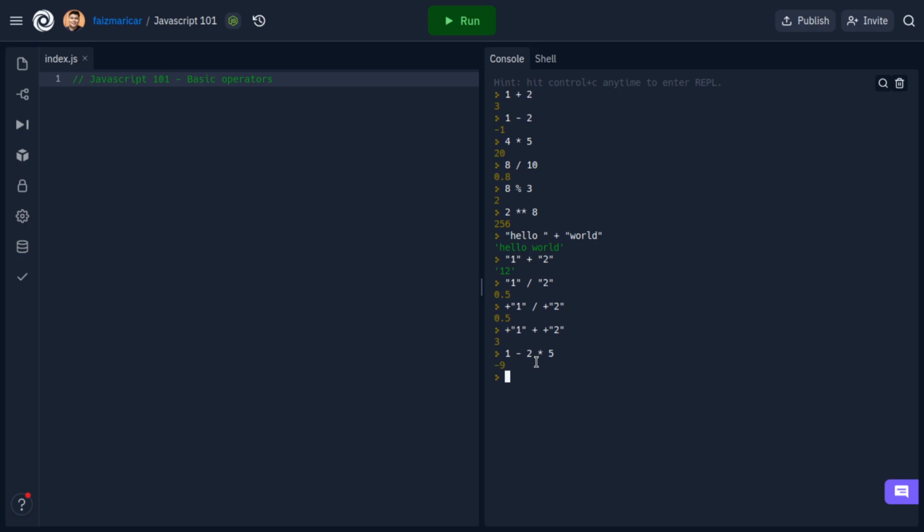And why is that? It's because the multiplication operator takes precedence over the subtraction operator. So the order of the operators matters, and certain operators get precedence over others. In this instance, the multiplication gets precedence over the subtraction.